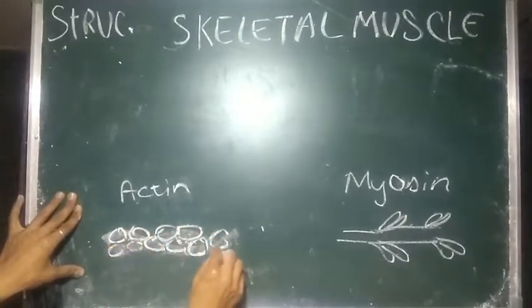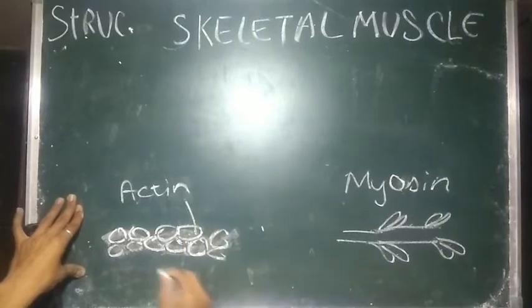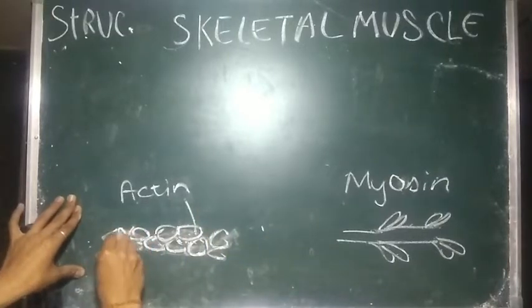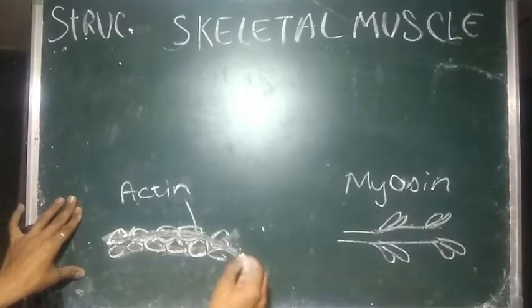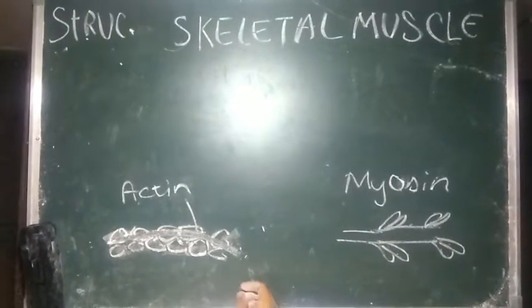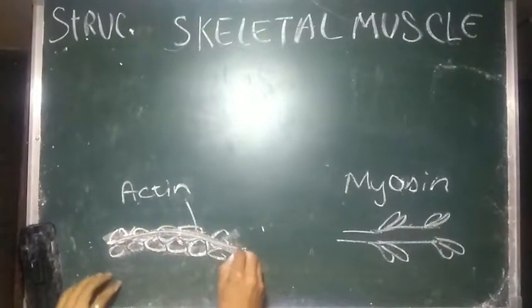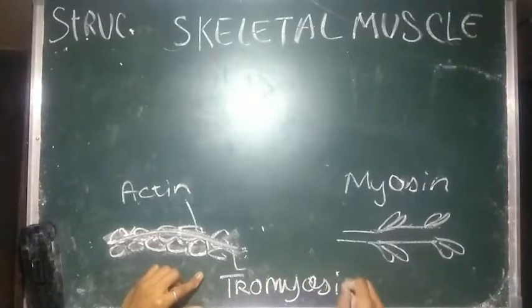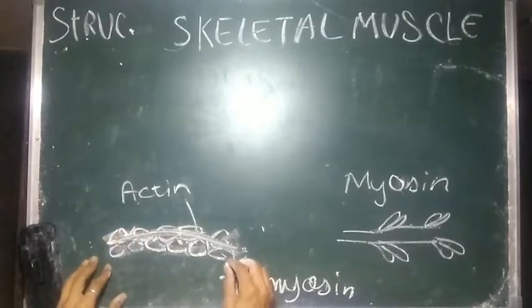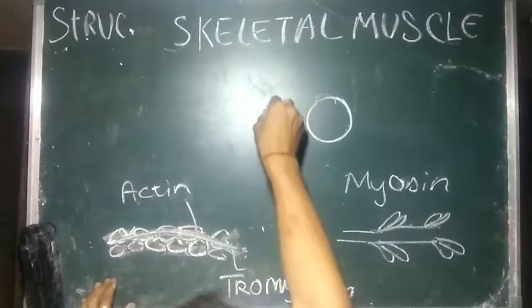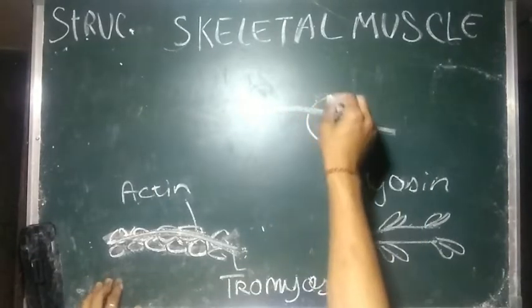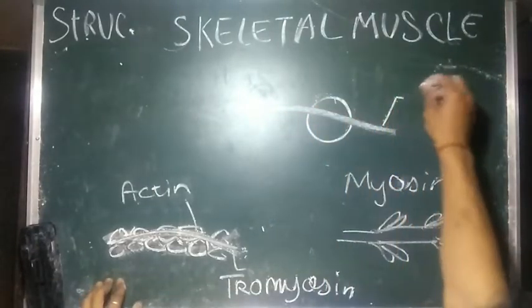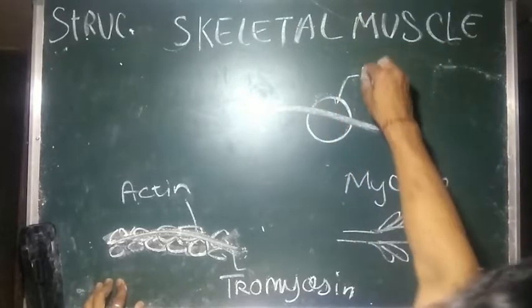These circular proteins are the actin protein, having a line of tropomyosin. Let's suppose this is the actin filament, with the tropomyosin laying above the actin filament.